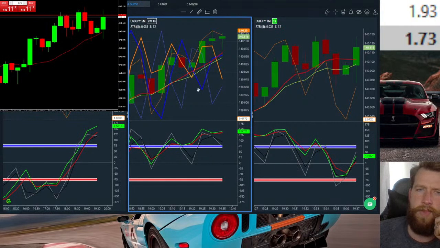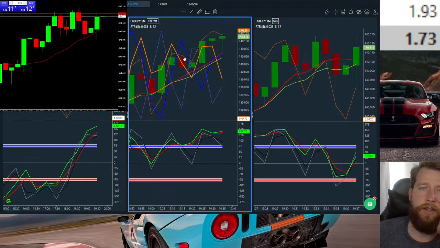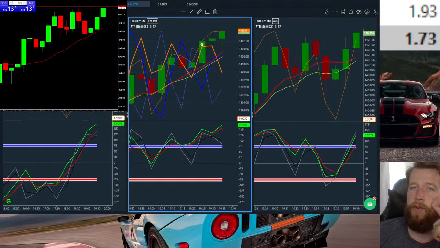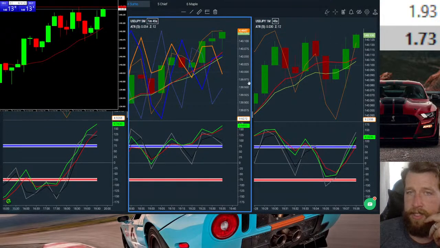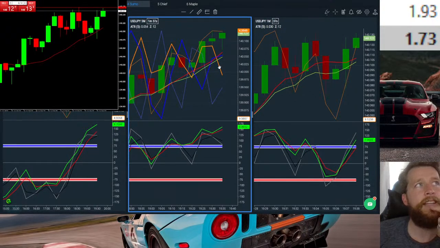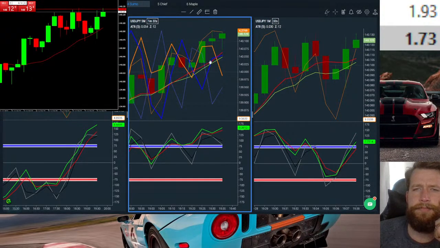And then on our 5-minute chart, there's a whole bunch of orange and blue lines. This indicator is called the TNT. Orange lines essentially go in the direction of the trade. Blue lines go in the opposite direction of the trade. With a few little nuances, I guess you could say.